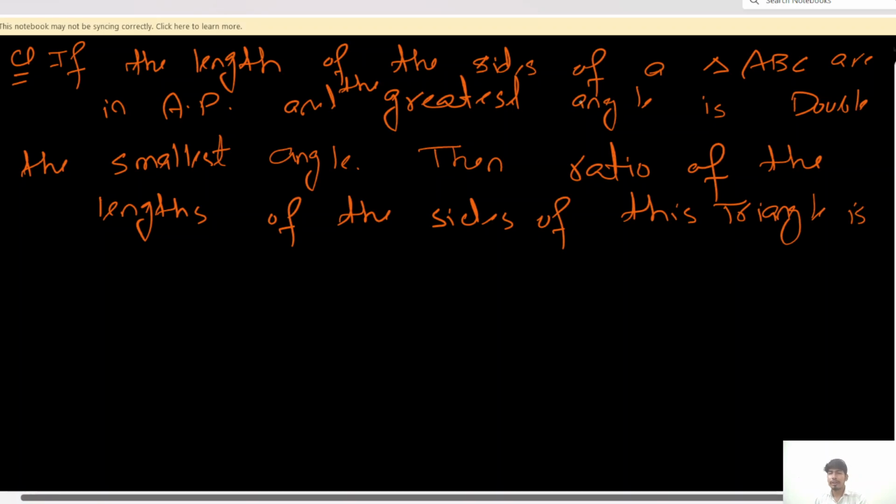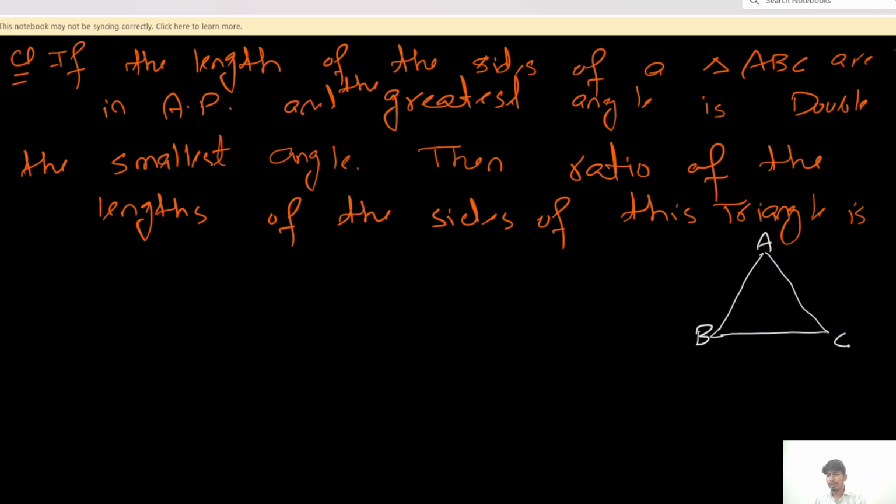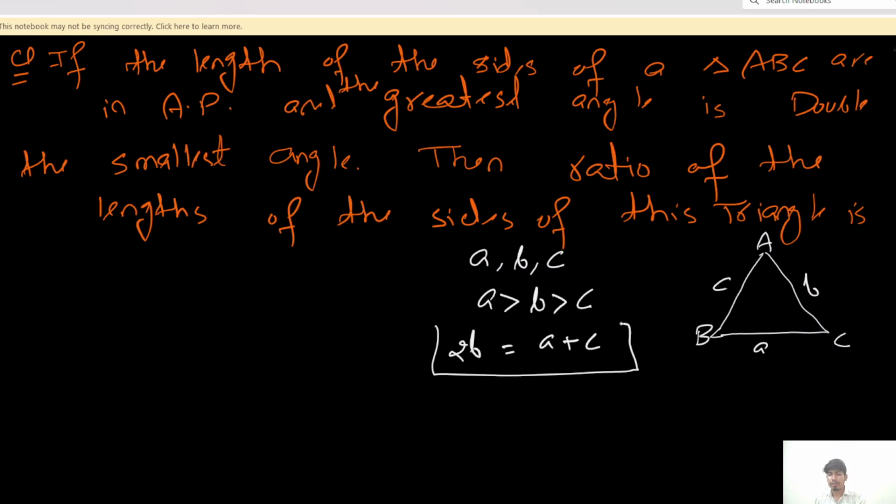If the length of the sides of a triangle ABC, first we draw a triangle. This is our triangle ABC: A, this is B, and this is C. Students, this is small a, small b, and small c, and the lengths of these are in AP. a, b, c in AP means a is greater than b is greater than c, and 2b is equal to a plus c, because these are in AP.